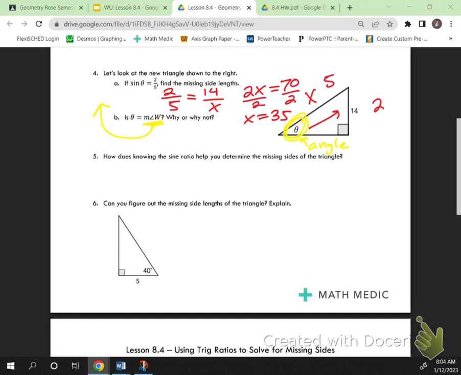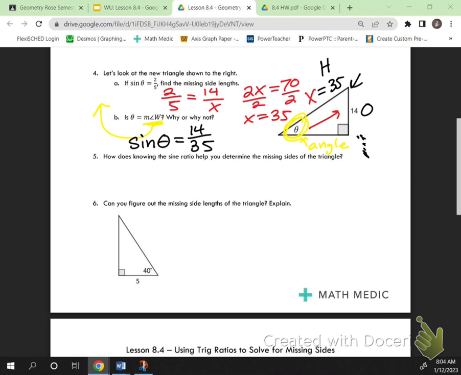I can see that the sine of theta in this triangle would be 14 over 35. We just solved for X. And the sine, opposite over hypotenuse, for this triangle is 14 over 35.